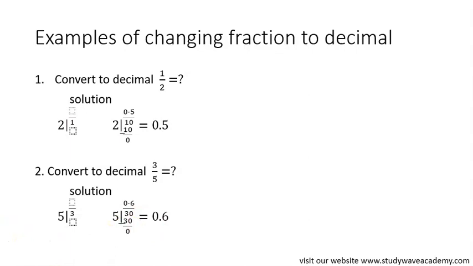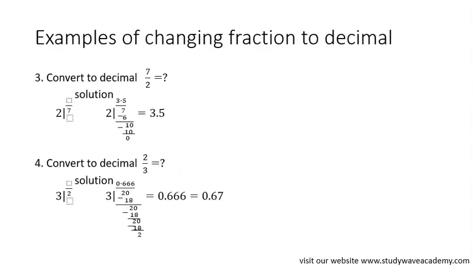Good. We are going to be looking at more examples to help us understand better. Convert to decimal 7 over 2. 7 over 2 is an improper fraction, right? Because 7, which is the numerator, is greater than 2, which is the denominator. So we have to convert 7 over 2 to decimal.